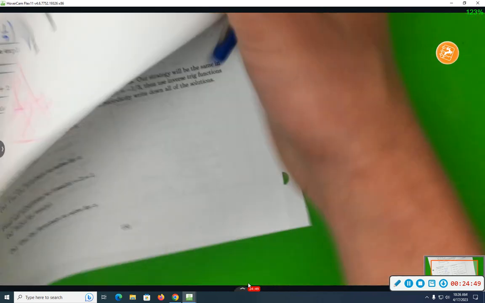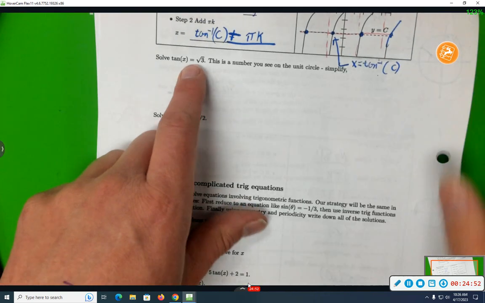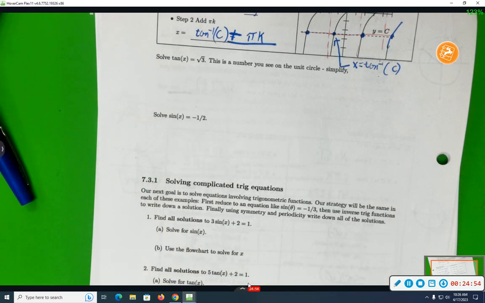Now let's start with this. Let's solve tangent of x is equal to the square root of 3. So, by following the table above, what's the solution to tangent? Well, what's the simplest solution to tangent of x equals the square root of 3? I drew pi over 3.